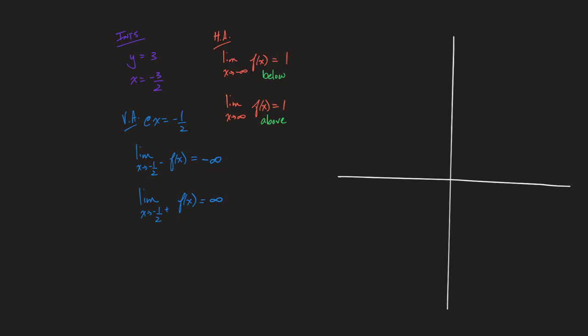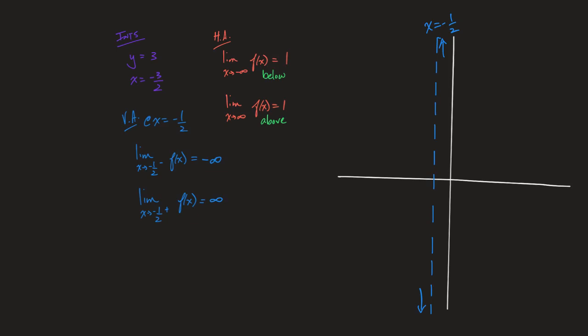So it's going to be a little off the y-axis. And I notice that to the left of that, I'm going down, and to the right of that, I'm going up. I also take a look at my horizontal asymptote, and I notice that that's at y equals 1.